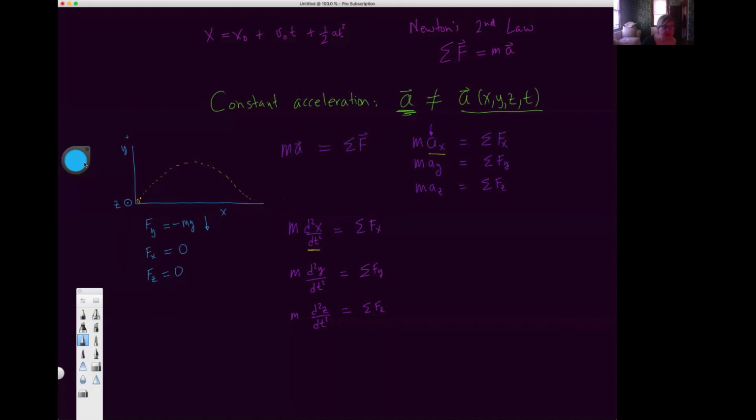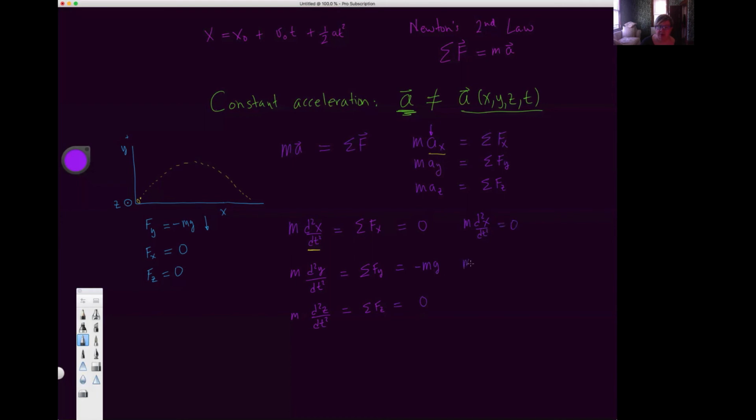So now we know what to write on this side of the equation for the forces. So in the x direction, the sum of the forces is 0. In the y direction, the sum of the forces is minus mg. And in this direction, the sum of the forces is 0. And so this gives us the differential equations that look like this. m d squared x dt squared equals 0.